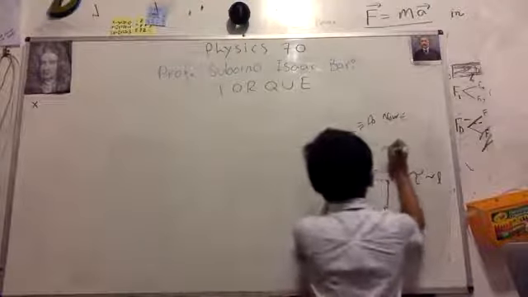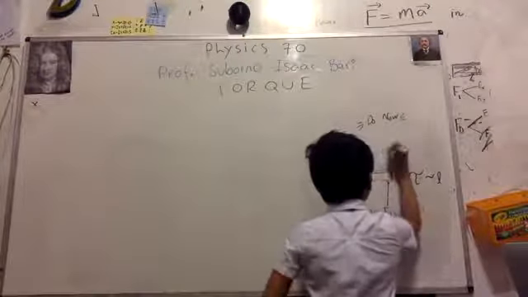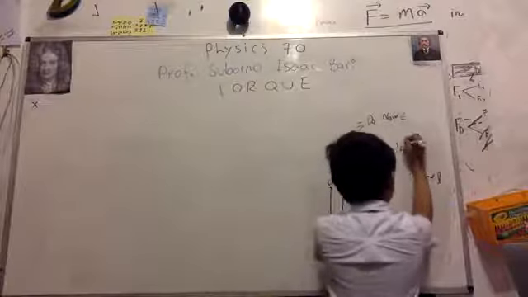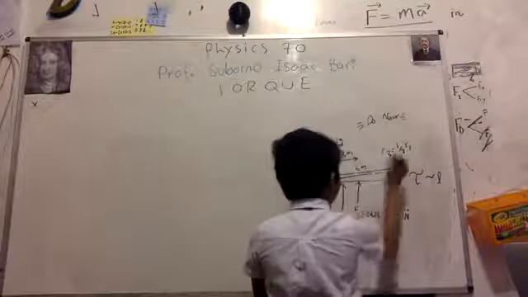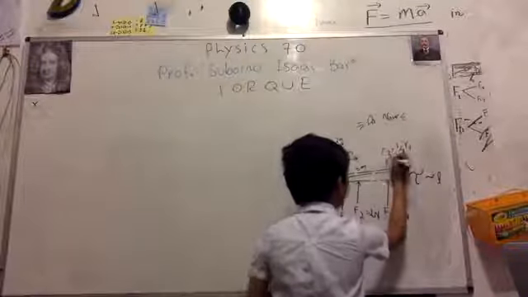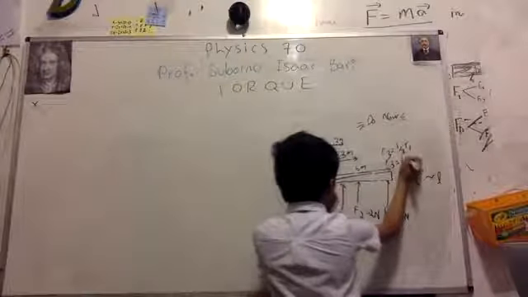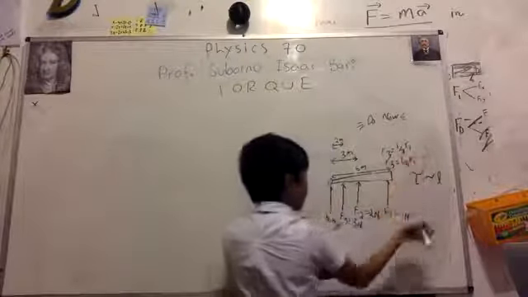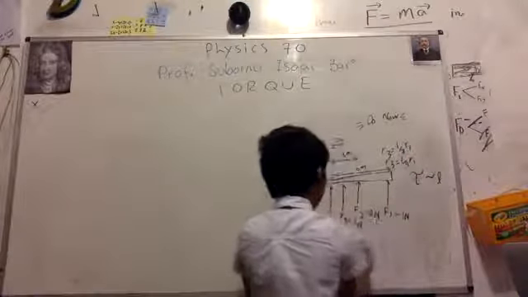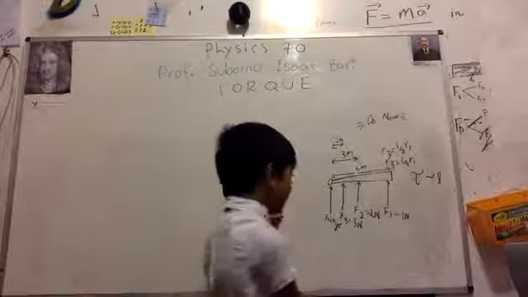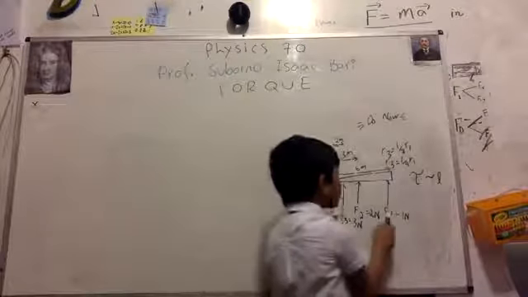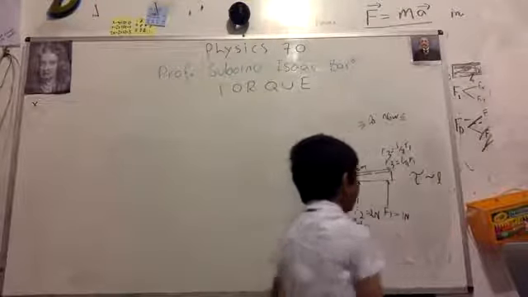R3 is exactly a third of R1. In order for F3 to be 4 newtons, it had to be 1/4 of R1. In fact, even though F3 and F2 are much bigger than F1, these are all exerting the same torque.